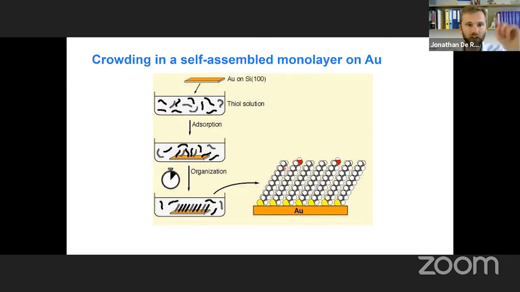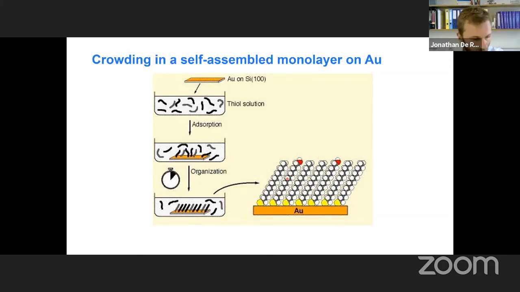So that means not every gold atom is receiving a thiol. And that's just because of space. I mean, this alkyl chain occupies space. You can't just push an atom into another one. And the only reason why nanocrystals sometimes can go a bit higher than 5 ligands per square nanometer is because of the curvature, but not much. So a realistic ligand density is typically 3 to 4 ligands per square nanometer.